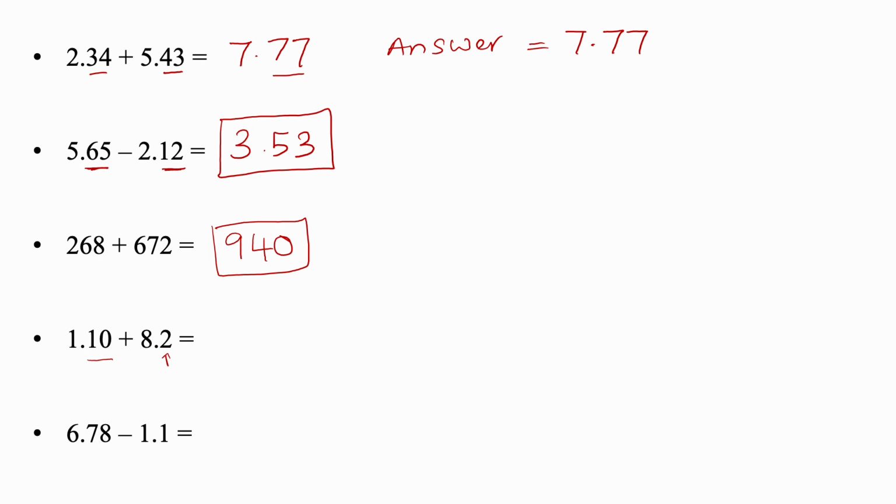So if you add these numbers together, you will get 9.30. If you do the calculation in the calculator, this is the answer you get, but with the correct number of significant figures, you should have only 1 decimal place, so your answer is 9.3.